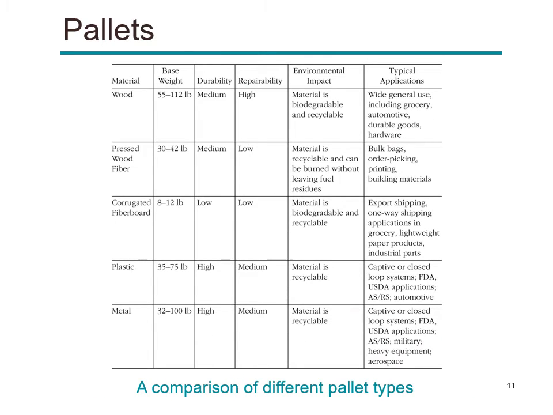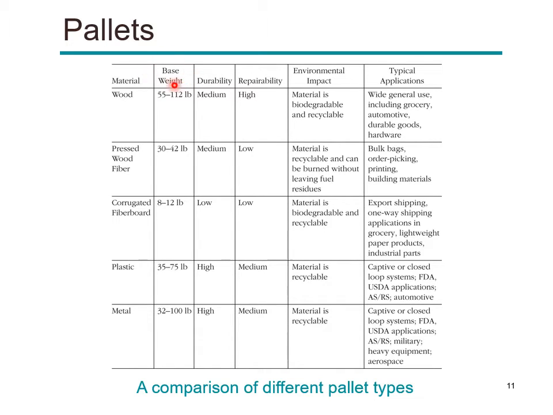There are different types of pallets with respect to the type of material used. The most common alternative is the wood one, or it can be a pressed wood fiber, corrugated fiberboard, plastic, or metal. And each one of these materials has its own advantages or disadvantages. While deciding on which one to use, you should consider these advantages and disadvantages.